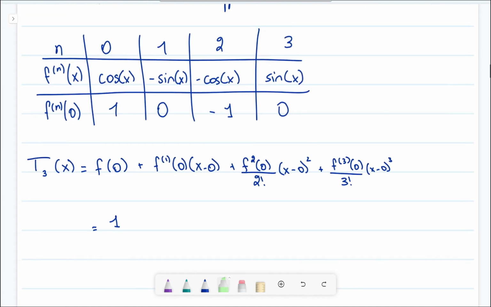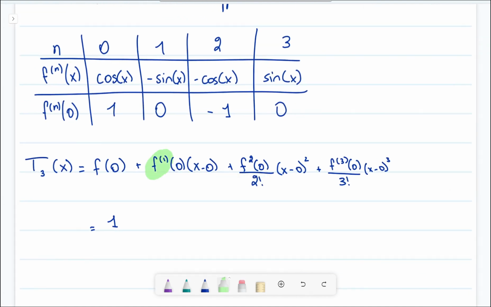Now, the first derivative of f evaluated at 0. Let's look at the table. So it is right here. This is the first derivative of f evaluated at 0. So it is 0. So this entire term is 0.